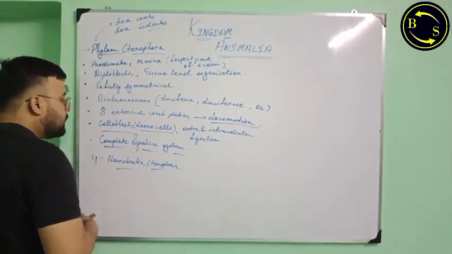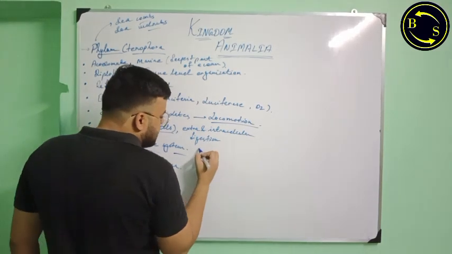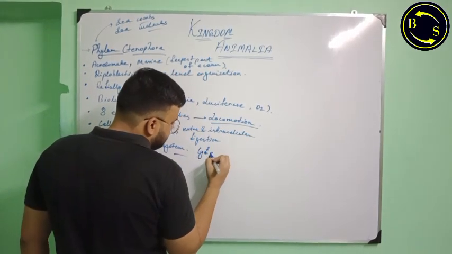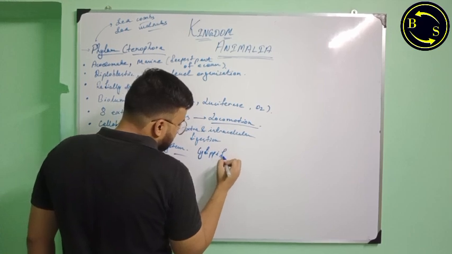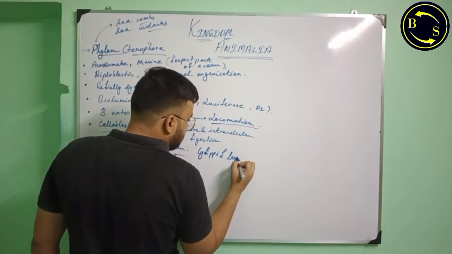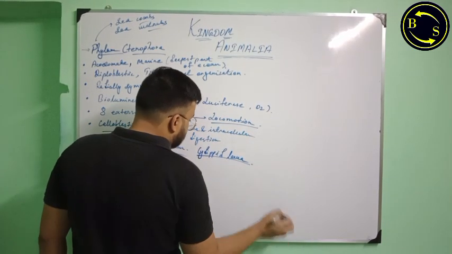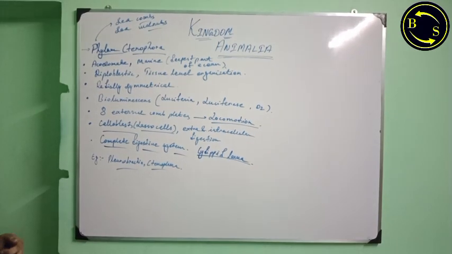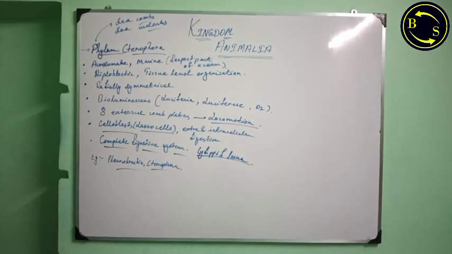Okay, and they have a larval stage known as the cydippid larva. Examples: Pleurobrachia and Ctenoplana.